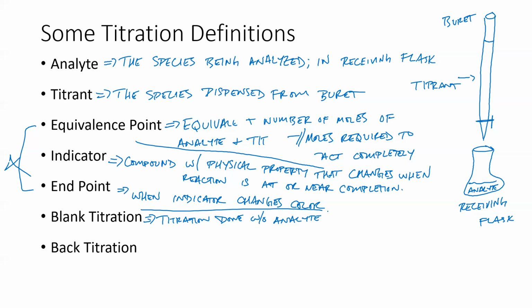And so we're going to subtract out that 0.21 milliliters from all of our future volumes, because we know that 0.21 didn't really react with our analyte. It reacted with everything else in the solution. And so that's important to do, again, especially if we care about being very accurate, very precise.